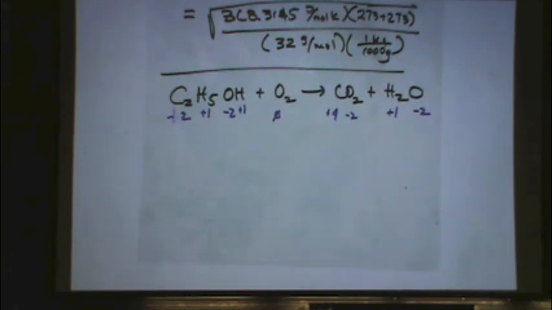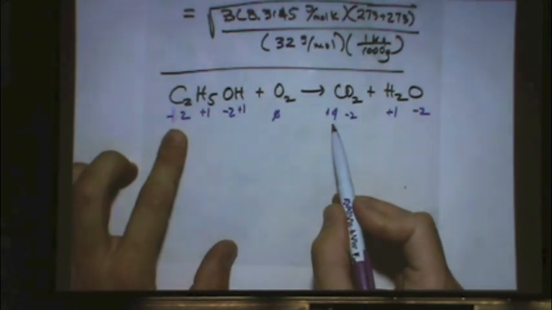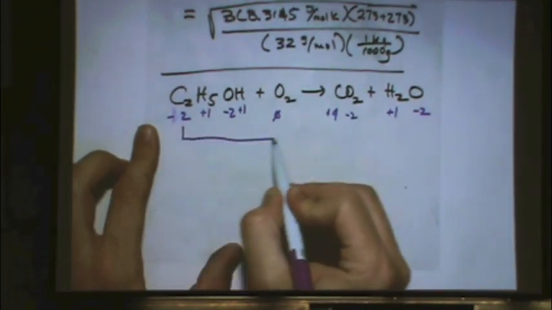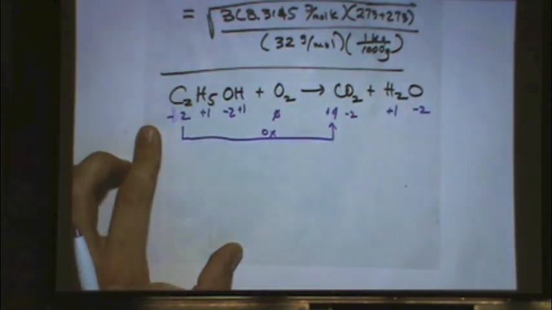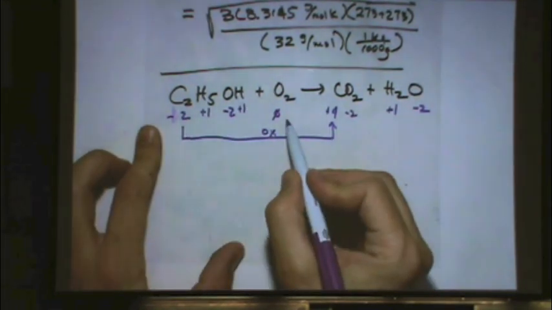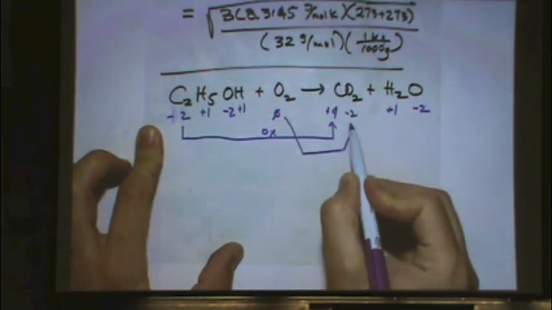Okay, so what is oxidized? Carbon is oxidized. What is reduced? Oxygen is reduced.